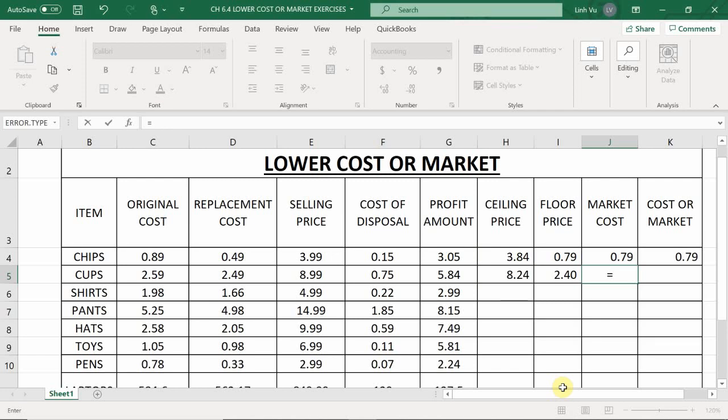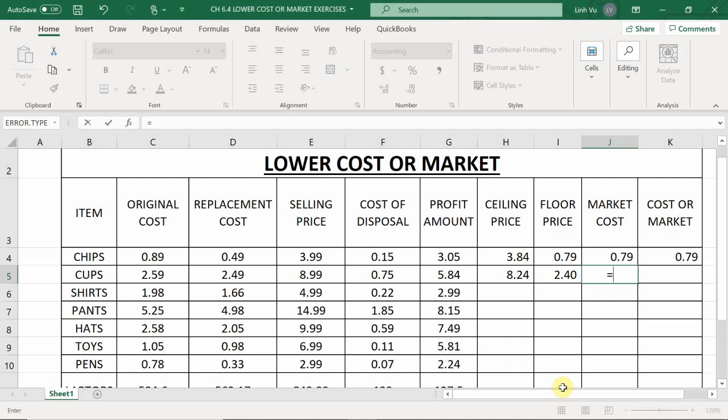Okay, now let's take a look. So my floor is $2.40. My replacement is $2.49. It's lower to 2.4, no? We're not looking for the lowest one.